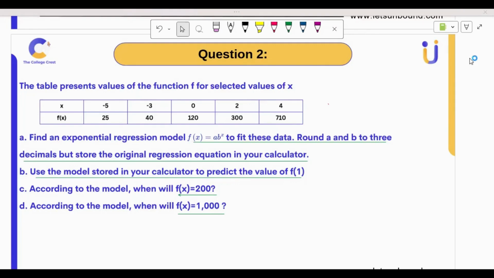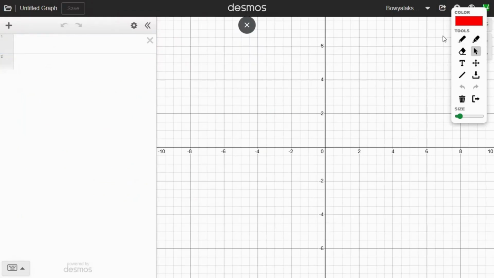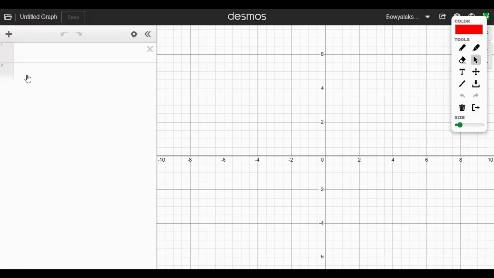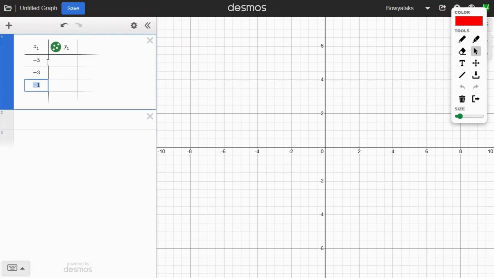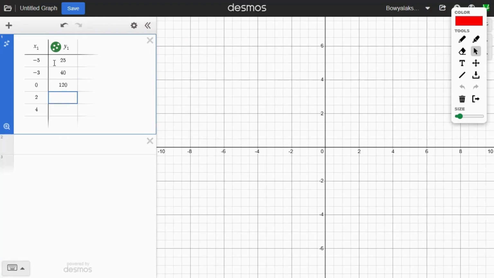First go for table creation. So we have x and f of x. I'm just referring to the table. X is -5, -3, 0, 2, and 4. Then y values are respectively 25, 40, 120, 300, and 710. That's it.